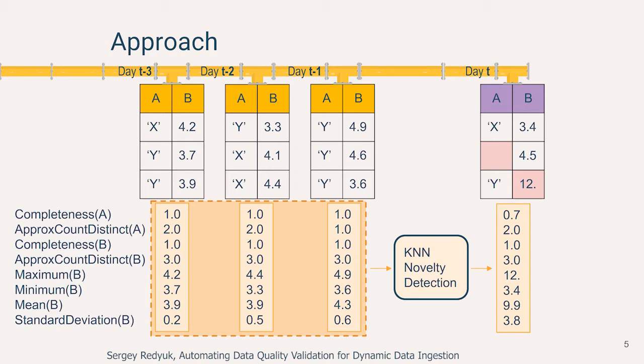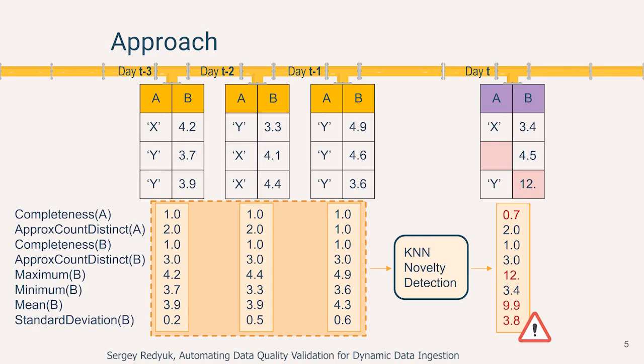Our approach enables a proactive alerting system that makes a decision whether the whole data batch is of acceptable quality. In this particular example, a missing value in column A and a numeric outlier in column B affect the completeness metric and numeric statistics that in turn raises an alert.